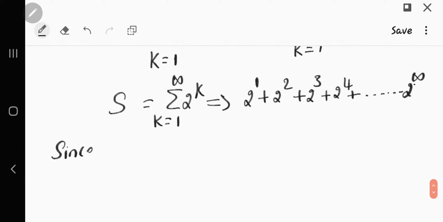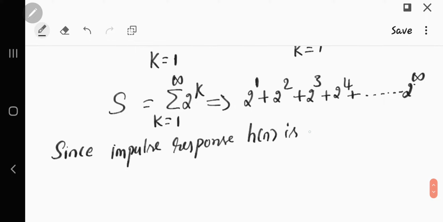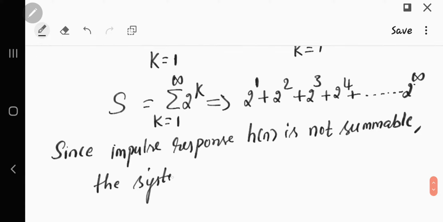Since impulse response h of n is not summable, the system is not stable.